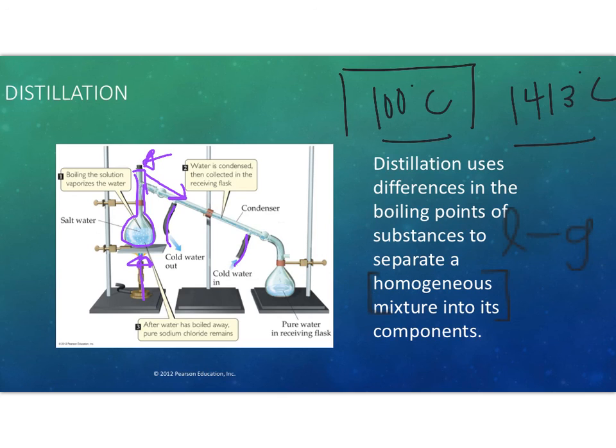My water goes from the gaseous phase back to the liquid phase because of the change in temperature. And because it's on this downward slope, that water gets collected in this receiving flask down here at the bottom. So I have pure water in this receiving flask. And the salt remains over here in this distilling flask as a solid.